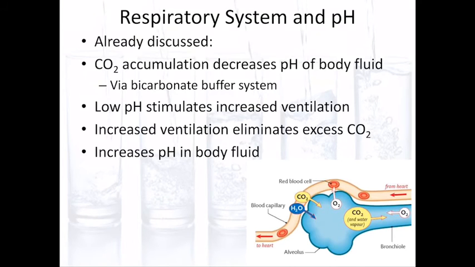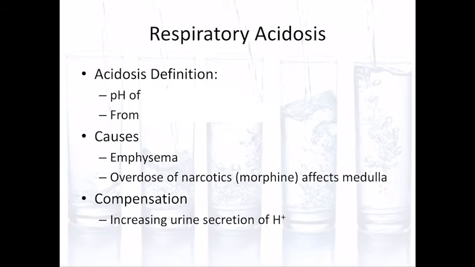Okay, so we've already talked about how the respiratory system is involved in pH control. When CO2 accumulates, that decreases the pH of body fluids because of that bicarbonate system. This lower pH stimulates increased ventilation. Increased ventilation helps us get rid of that CO2, and that increases pH in the body fluid. Okay, so that's how that's involved.